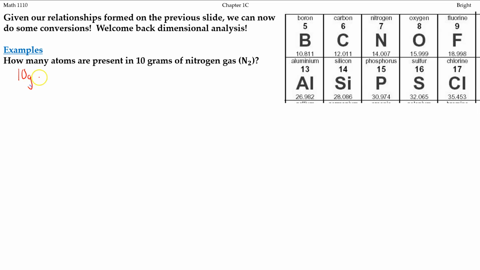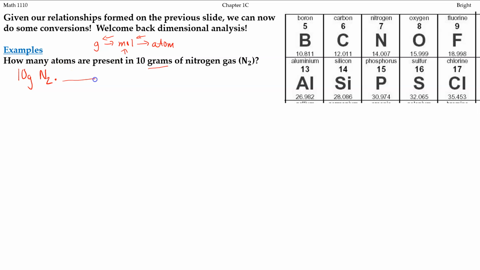So we know we have 10 grams of nitrogen gas, and if we look at the previous slide, we know we go from grams to moles and then to atoms. So we have to convert between grams and moles first, and then once we're in moles, then we can go to atoms, and vice versa through all this.